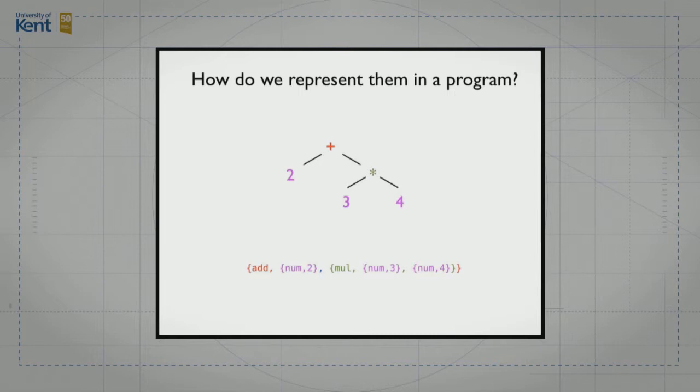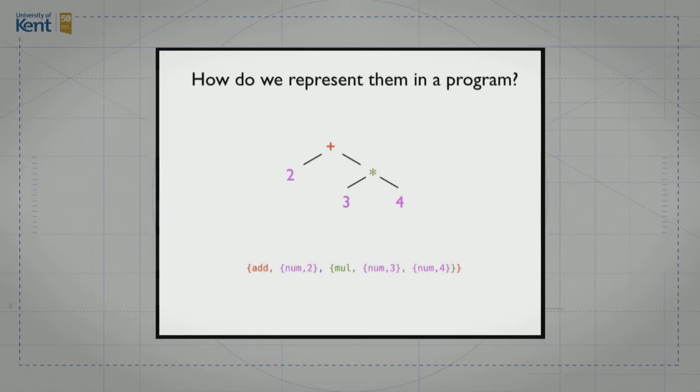At the top level, it's a tuple beginning with add, which says it's an addition, and then it has two other components. The first represents the first sub-expression, the second represents the second. So the first is a pair that says it's a number, and the number is 2. And the second, the final piece of this top-level tuple, is itself a structure.